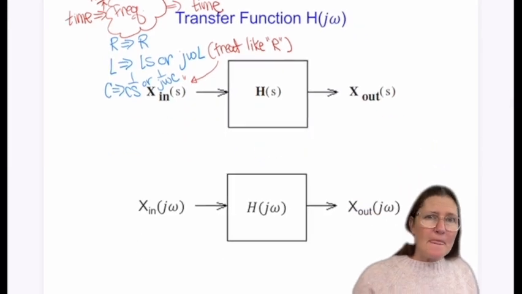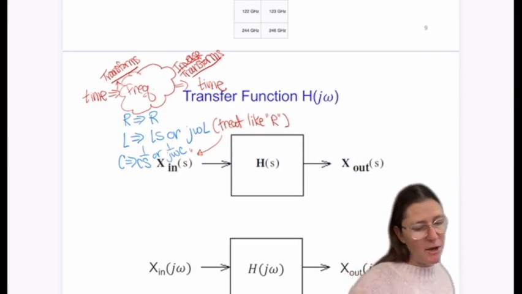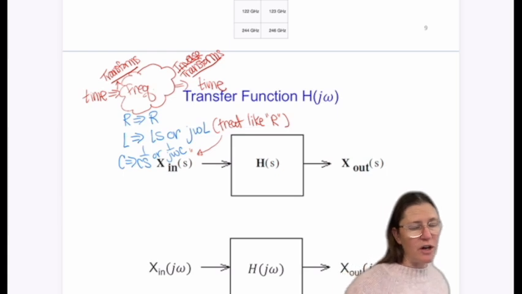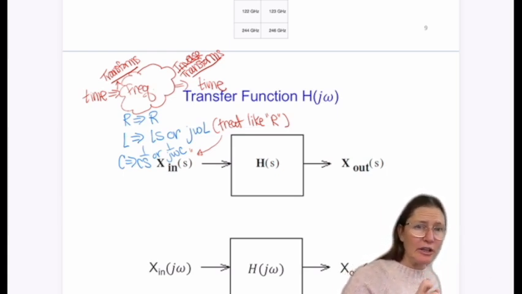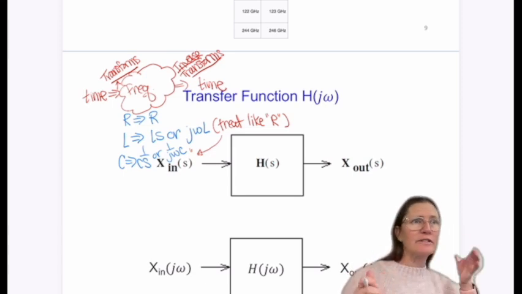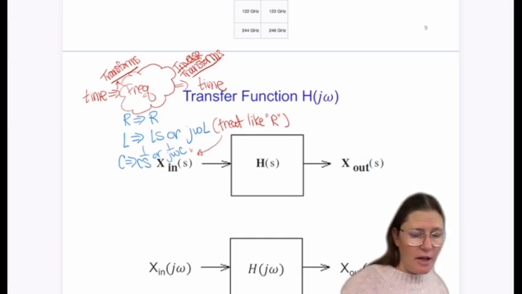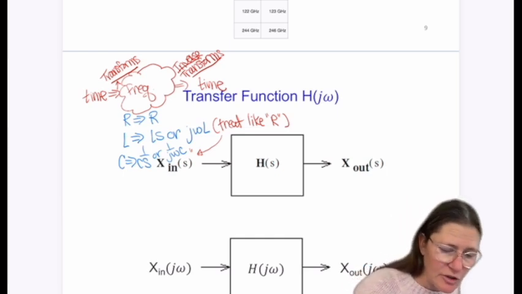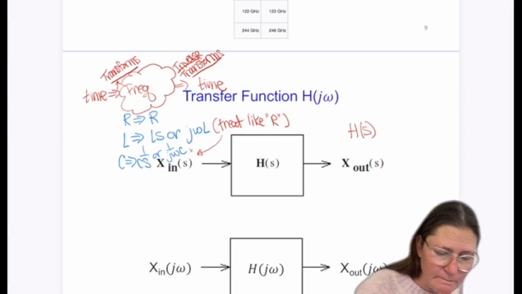So the other way that we're going to be able to get some information about a circuit is what we call the transfer function, where our input goes in, we have some function that's now a function of S or a function of j omega, and our output is just going to be H of S times that.